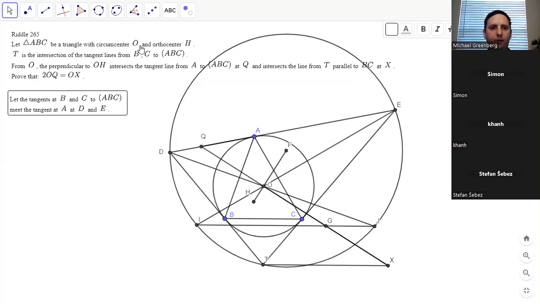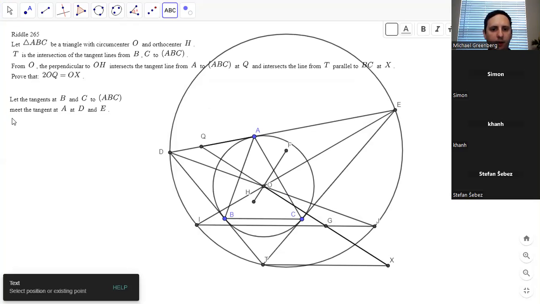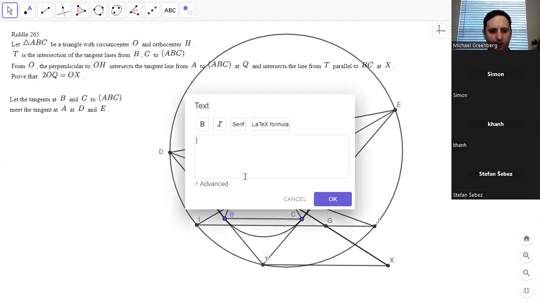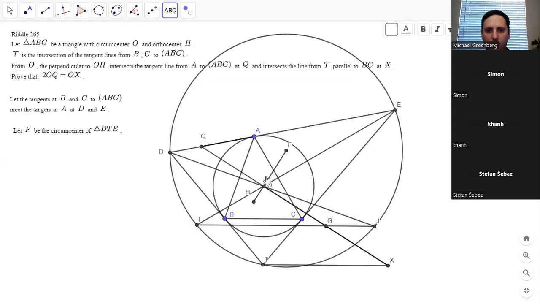Let F be the circumcenter of DET. And then, so F, it's well known that FO and the 9-point center of ABC are collinear.